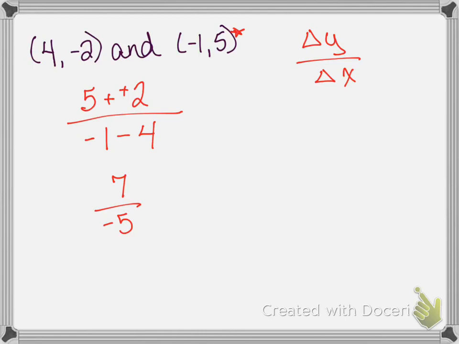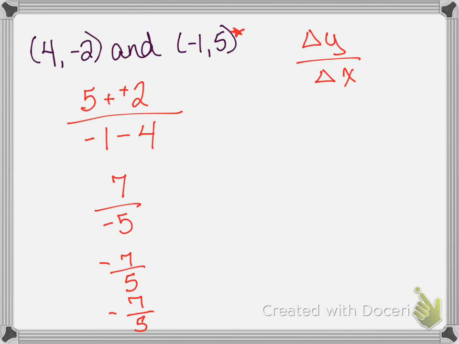So if you can get negative 7 over 5, you can get 7 over negative 5, or you can write it negative 7 over 5. And all those are fine. You can have the negative sign in the denominator, the numerator, or right in front of it. What's the one thing you can't have? You can't have the negative sign on top and bottom. Okay? So if you put the negative sign for this problem on the top and the bottom, then that would be wrong because you've turned a negative slope into what? A positive slope. Okay? So be careful with that.